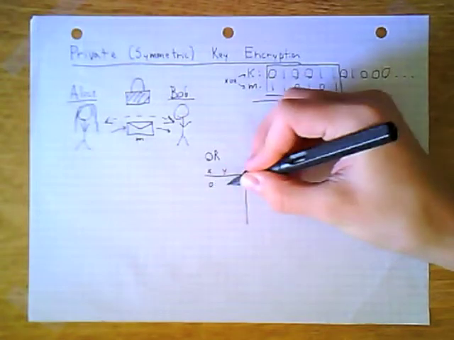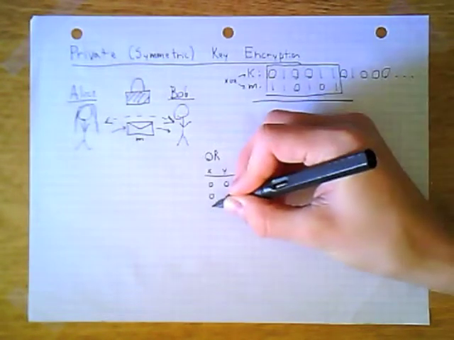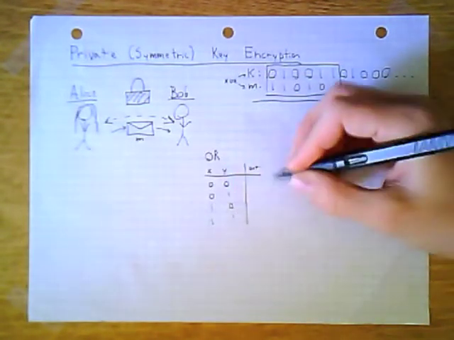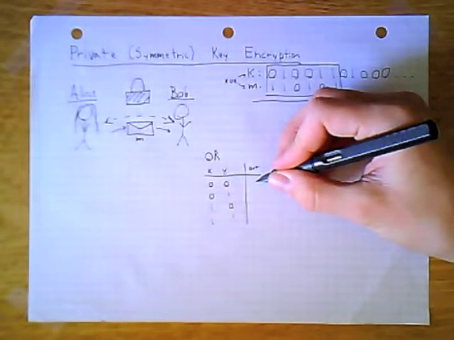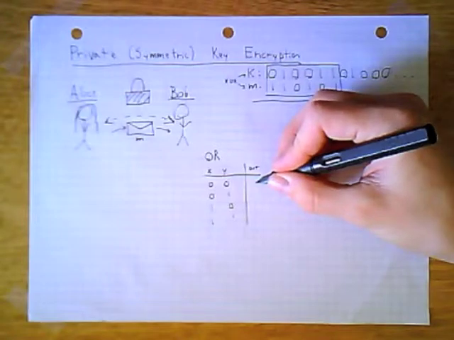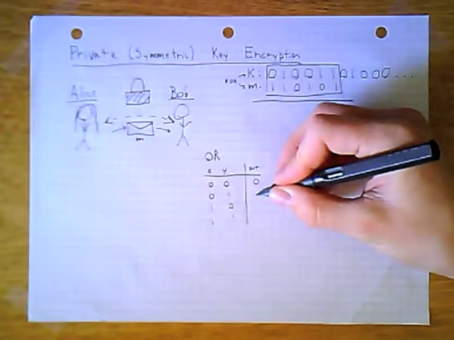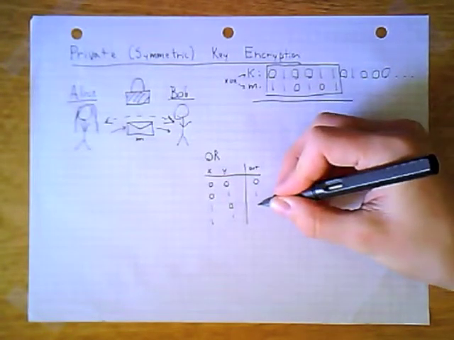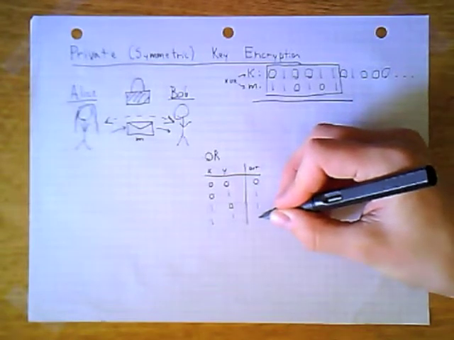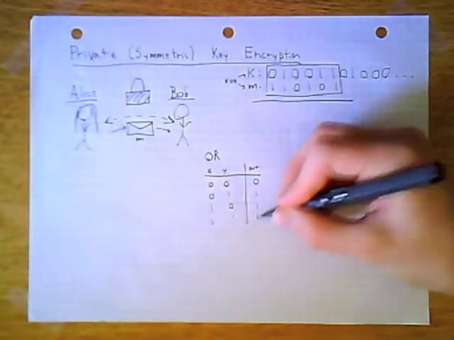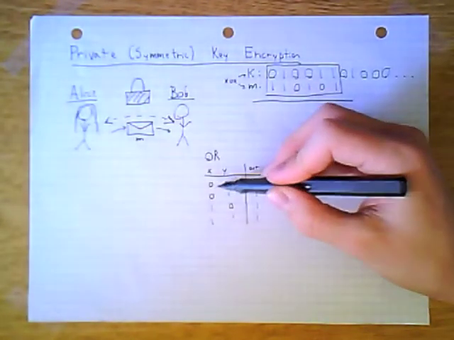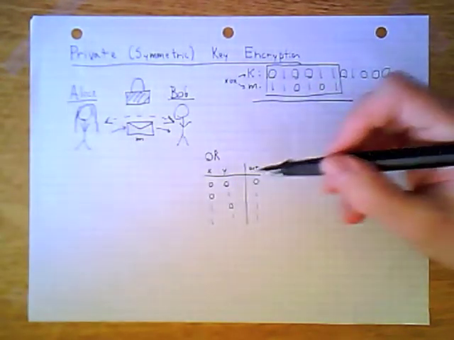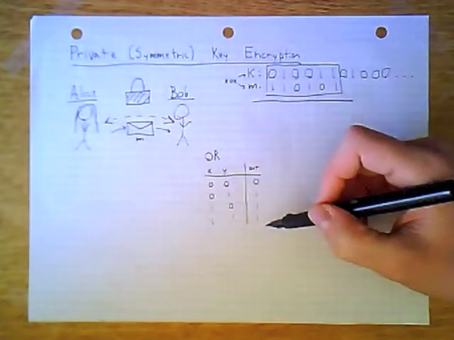So let's say 0,0; 0,1; 1,0; and 1,1. When both bits are 0, the output is 0. When you have a 0 and a 1, the output is 1. When you have a 1 and a 0, the output is 1. And when you have a 1 and a 1, the output is 1. So basically, the OR operation sees if there's a 1 between either X or Y, thus OR, and if there is, then the output will be 1.